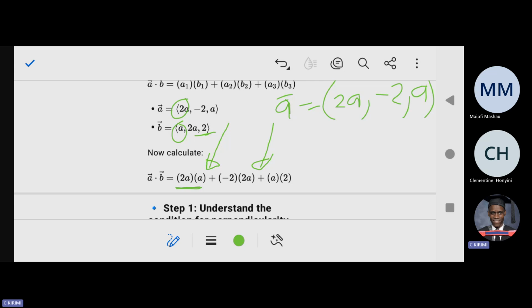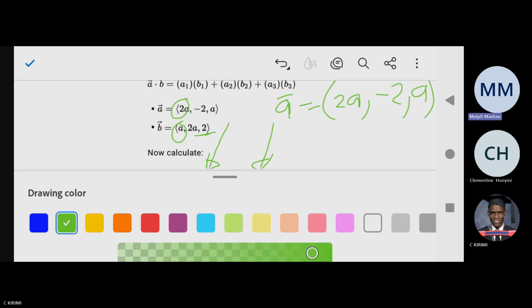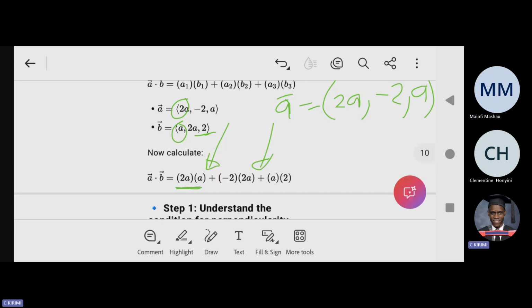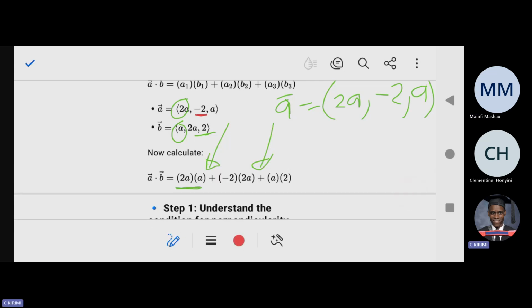So we are going to take that -2, which is this one, this -2, we multiply with this 2A. This is the one which is here. Then we take the last component, which is A, multiplied by 2. So it's A times 2. So that's the dot product.